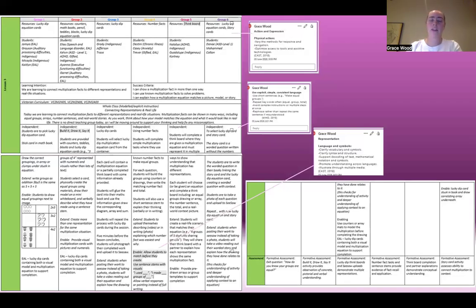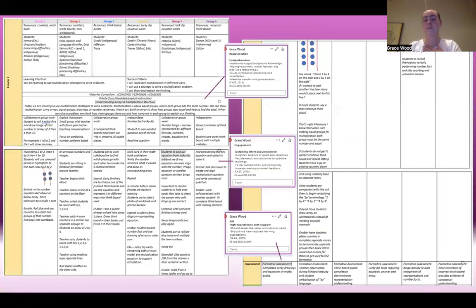And obviously throughout here, I've got quickly my UDL and my little notes that I've got: action, expression, using explicit and simple, consistent language, which is super important, like I said. Languages and symbols, engagement, and representation. Representation is really important to ensure that the environment is suited to the students.